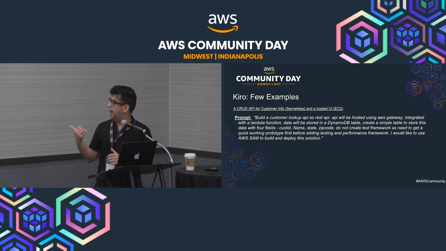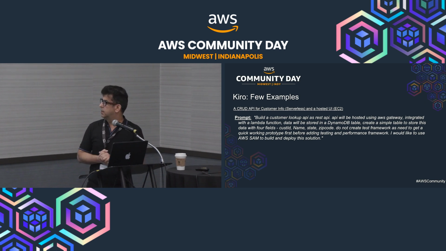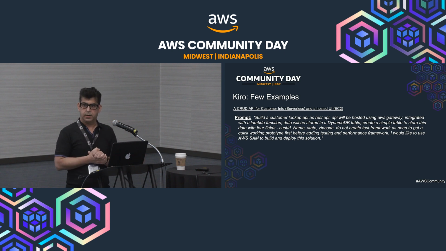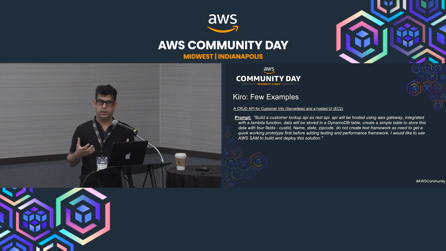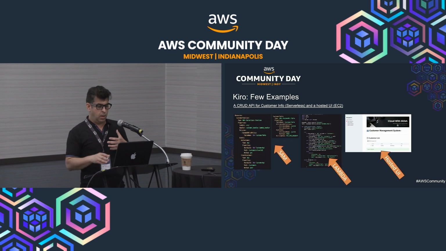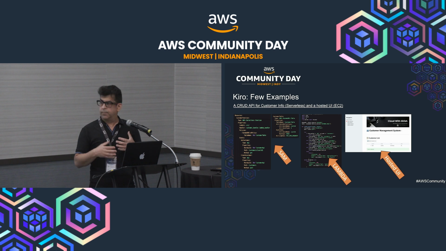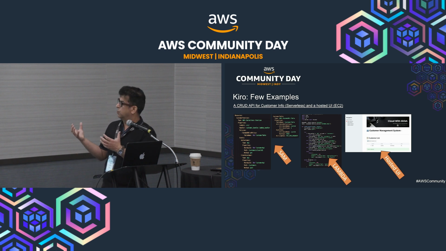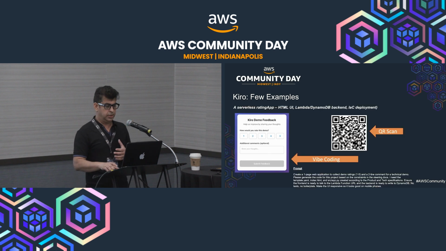This is the prompt I used to create this REST API, and all 4 or 5 endpoints for the CRUD API were generated by Kiro, and it also generated an infrastructure as code template using SAM so that I can deploy it in my AWS account. This is an example of the code that it has generated.